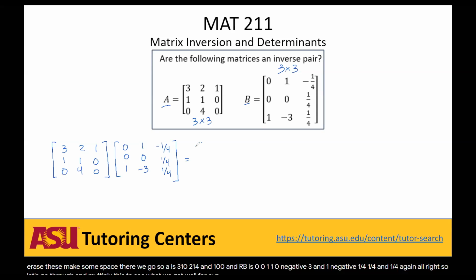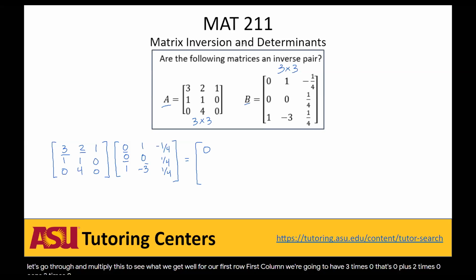For our first row, first column, we're going to have 3 times 0, that's 0, plus 2 times 0, that's also 0, plus 1 times 1, which equals 1. Next, we're going to have 3 times 1, which is 3, plus 2 times 0, 0, plus 1 times -3, so minus 3.